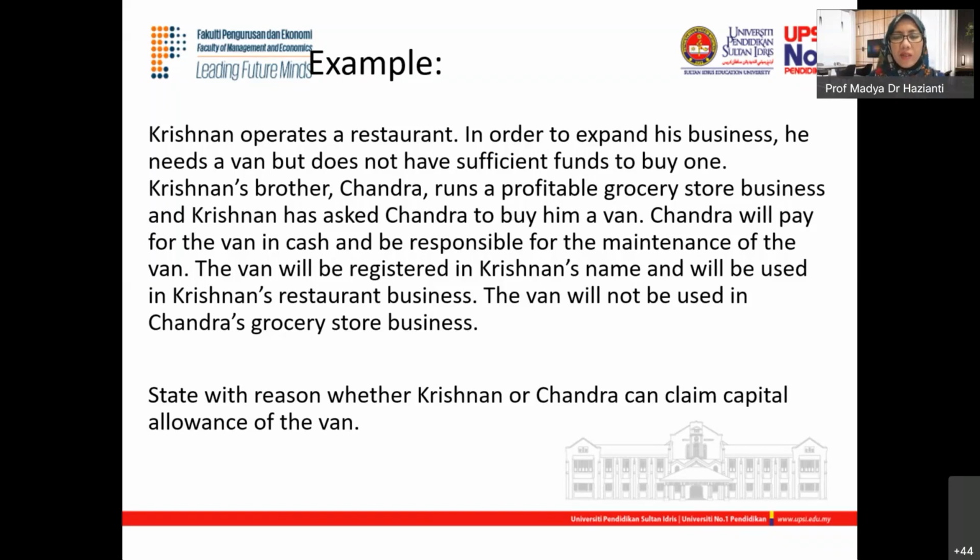What do you think? Anyone, we can discuss juga, who do you think can claim this capital allowance of the van? Krishnan or the brother Chandra? Okay, dia kata Krishnan, right? Lagi, any other answer selain Krishnan? Why Krishnan? Ada a few dah jawab Krishnan. Okay, lagi.